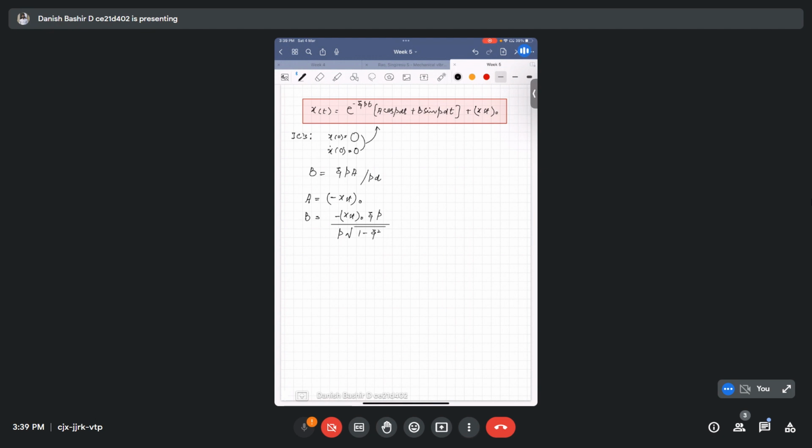So p and p get cancelled, and our b will finally be equal to minus theta x static naught divided by root under 1 minus theta square. Okay, so we can write the total solution for our equation, after rearranging everything, as x of t equal to e to the power minus theta pt.